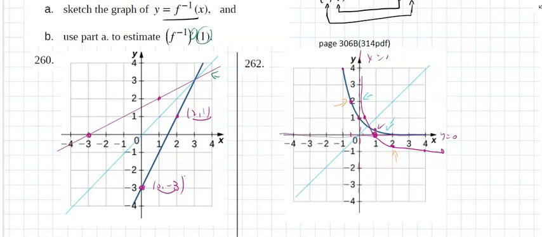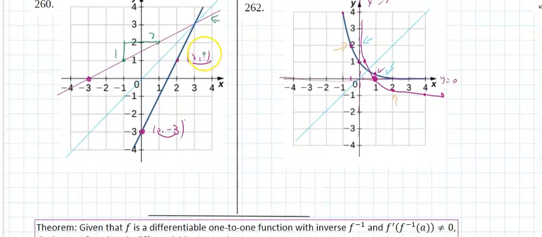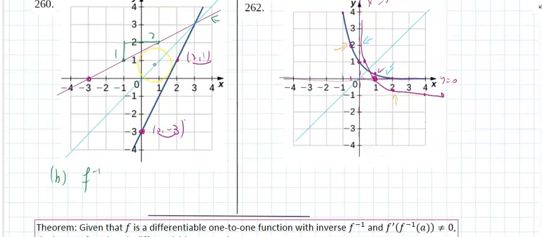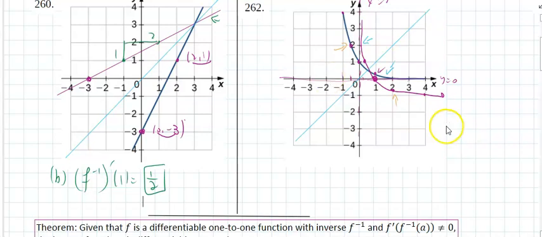Well, at x = 1, wouldn't that be the slope of this line? If it's a straight line, pick any 2 points on it. Rise over run. So in this case, since it's a straight line, that's simple. The derivative of the inverse evaluated at 1, in this case, it's rise over run, 1/2. Graph-wise, it's kind of simple.